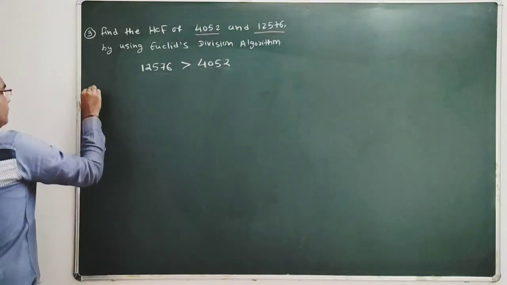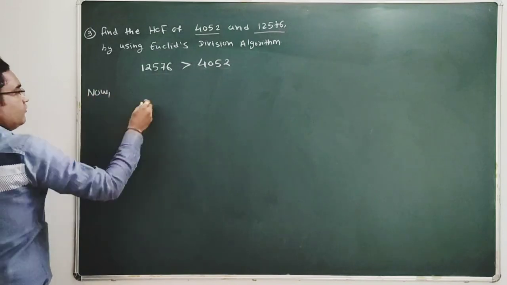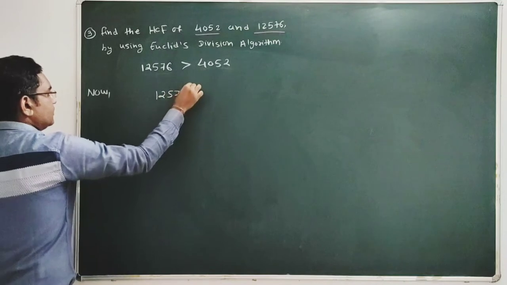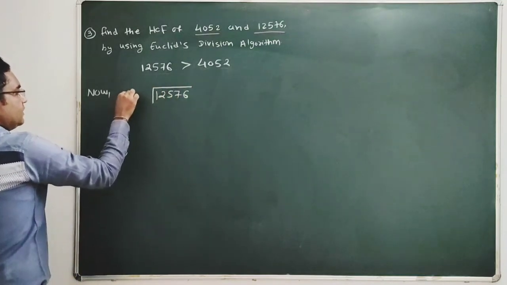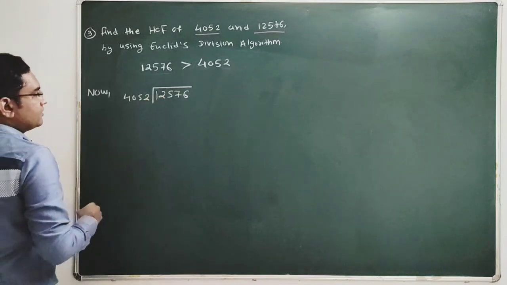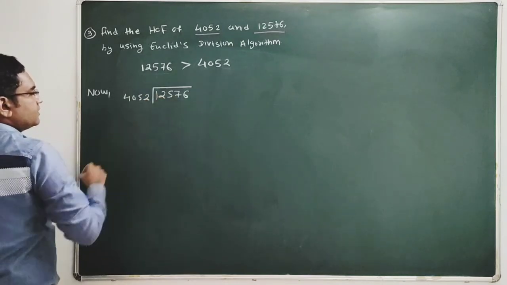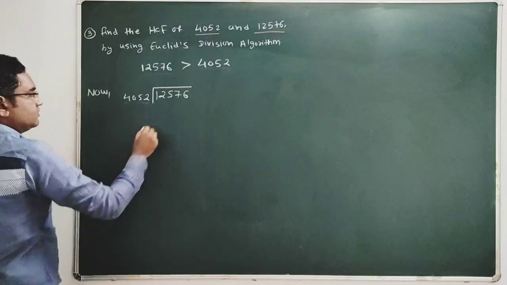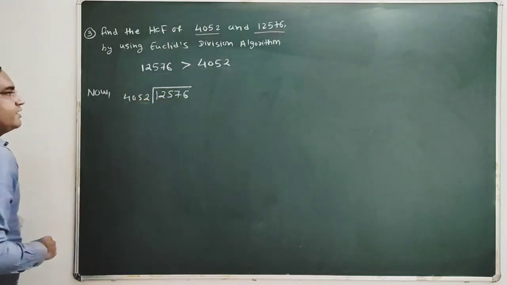So now perform long division. For this long division, 12576 must be divided by this 4052. This is the dividend, this is the divisor.